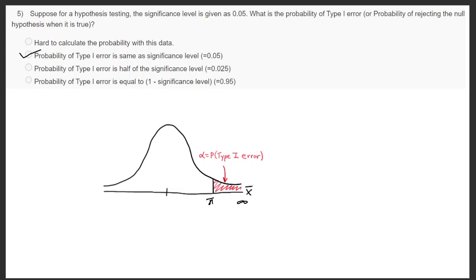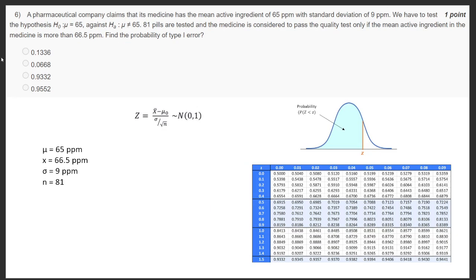So going to the next question. A pharmaceutical company claims that its medicine has a mean active ingredient of 65 ppm with a standard deviation of 9 ppm. So the mean is given and the standard deviation of 9 ppm is given.